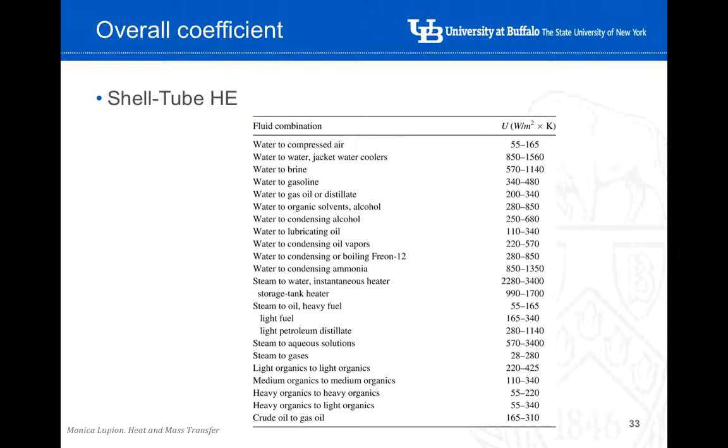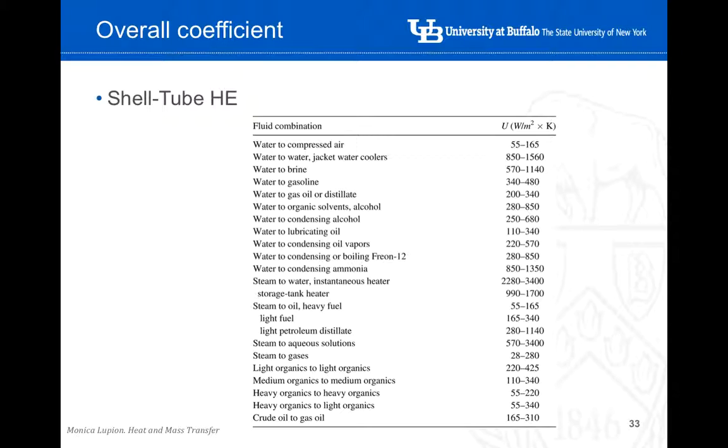The second consideration I wanted to mention is related to the overall coefficient. If you remember from the previous presentation, I mentioned that we assume this overall coefficient is a constant value. Sometimes it's very difficult to make an estimation of that value. There are available tables like this one, from your textbook, where you can find a range of different overall coefficient values.